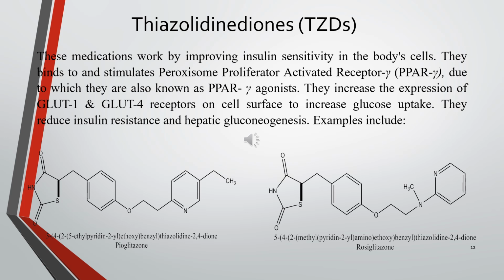They increase the expression of GLUT1 and GLUT4 receptors on the cell surface to increase glucose uptake. They reduce insulin resistance and hepatic gluconeogenesis. Examples include pioglitazone and rosiglitazone. Here are the structures of the drugs with their IUPAC names.